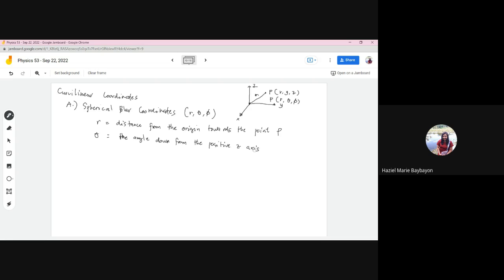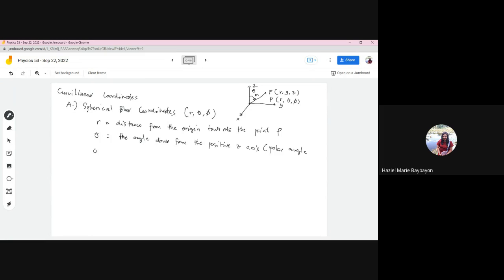Okay, so this means that from here toward R, you can measure the angle. So that is the polar angle, class. From the z-axis, toward the line from the origin to the point P. So that is your theta. Imagine it. And again, it can also be called the polar angle.